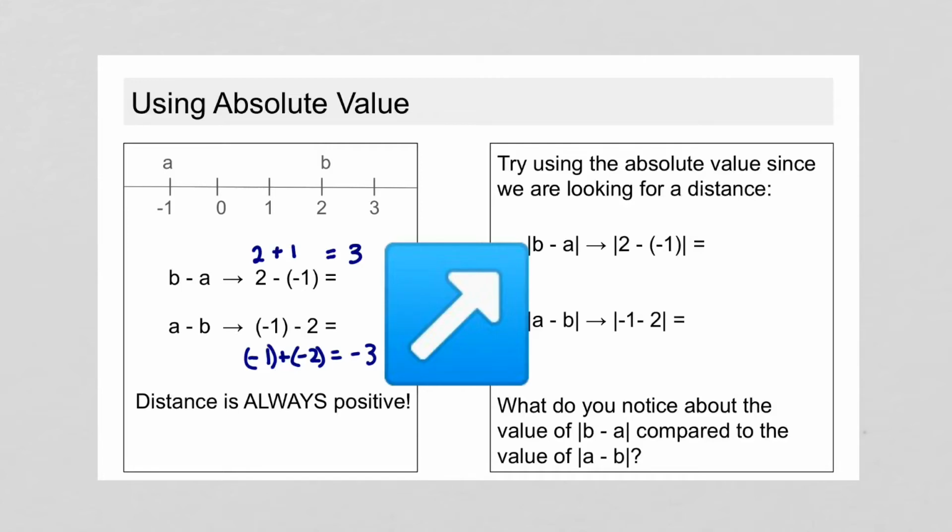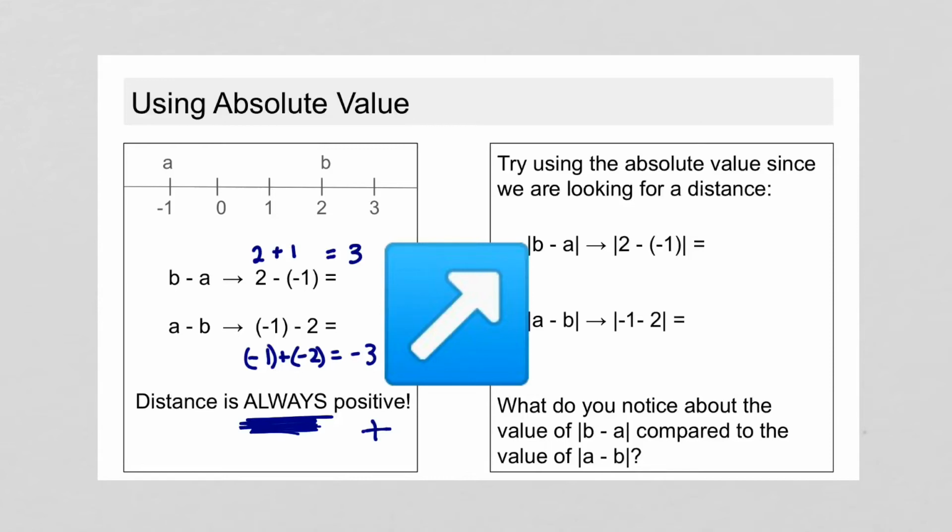Well, they gave us different numbers when we were just adding, but what we know about distance is that it's always positive, right? So how would we make that always positive? Well, we could look at using absolute value. So if we put that in absolute value, the absolute value of b minus a, well, this is just a grouping symbol.